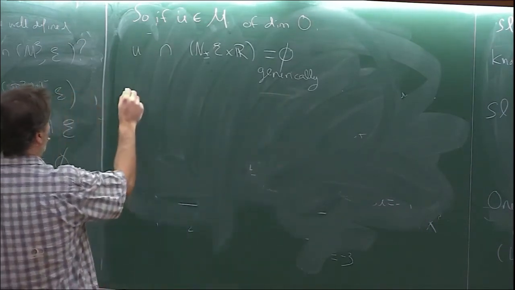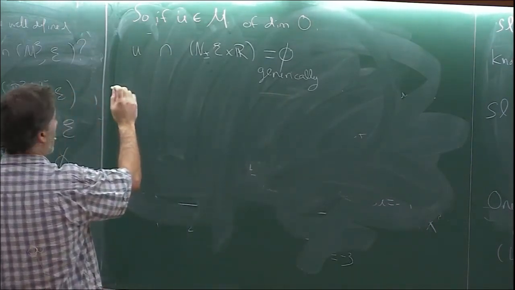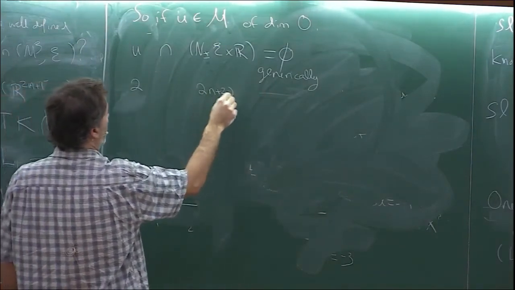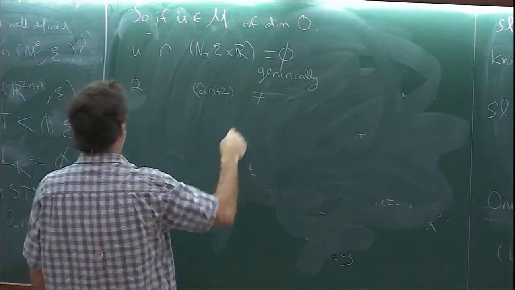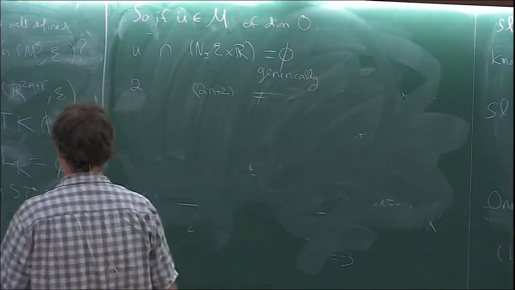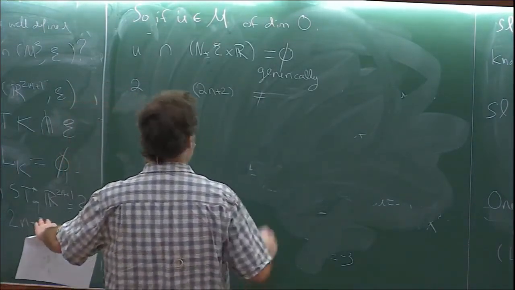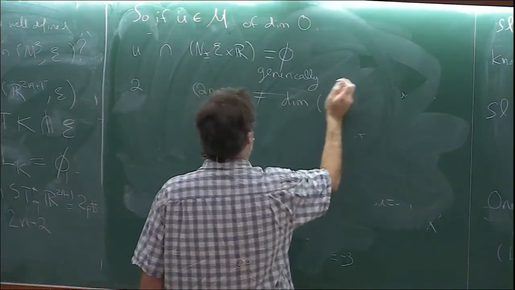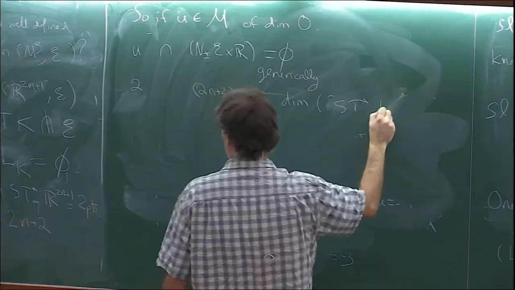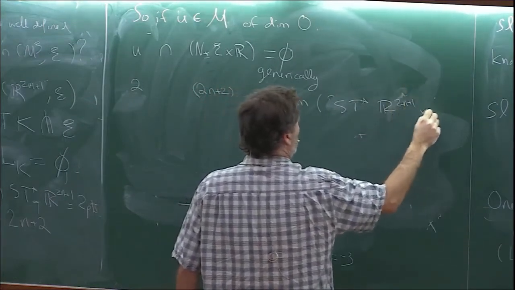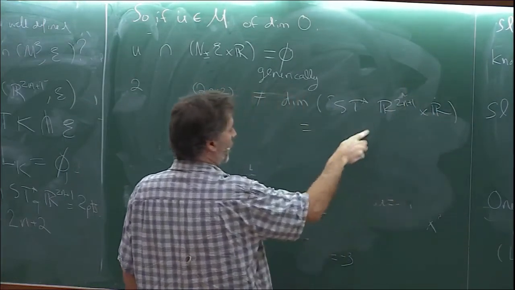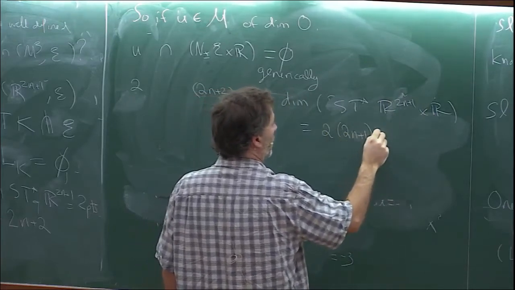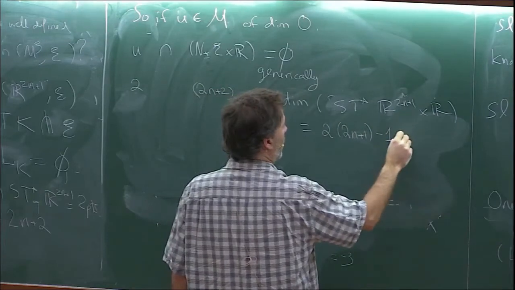So this is 2, this is 2n plus 2, and this is not equal to the dimension of the symplectization of this, which is equal to, let's see if we get this right, 2 times 2n plus 1 minus 1 plus 1.